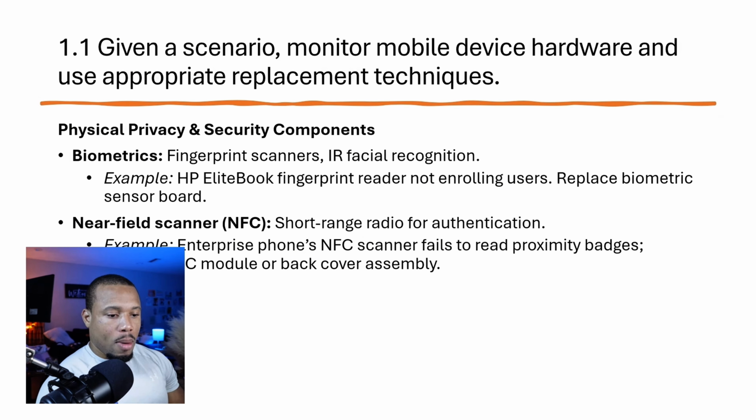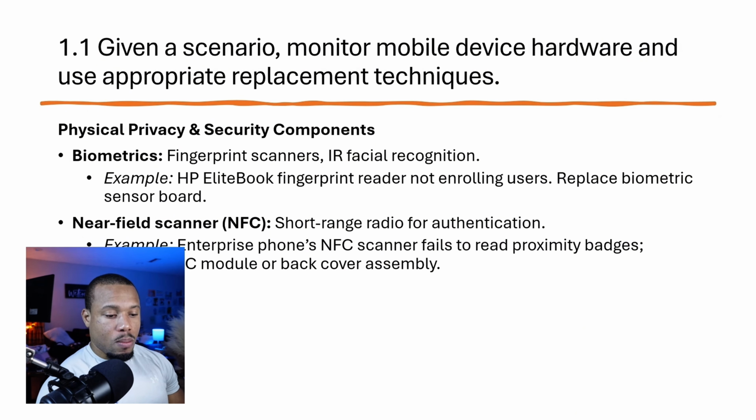Biometrics. Mobile device hardware replacements often focus on two key components: biometrics and NFC modules. Biometrics such as fingerprint readers and facial recognition are essential for user authentication. If the biometric reader fails, as can happen with models like the HP EliteBook, the fix usually involves replacing the biometric sensor board. NFC, or near-field communication, is primarily used for badge access and mobile payments.